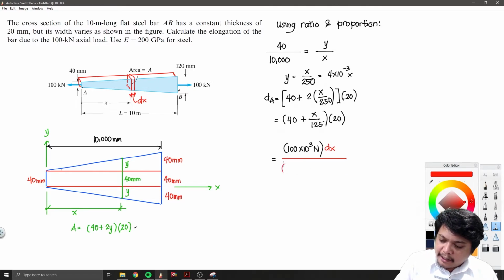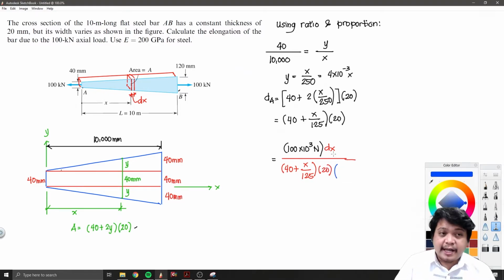Ang A natin, again, 40 plus x all over 125 multiplied by 20. And then, ang E natin is the modulus of elasticity. Kaya lang naka-gigapascal, dapat naka-megapascal, no? Para newton per millimeter squared. So, you will be having here 200 times 10 to the 3 para maging megapascal siya.